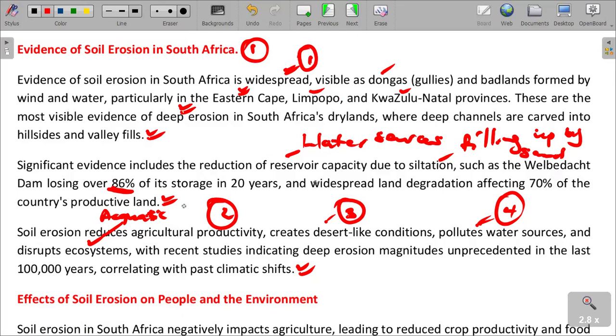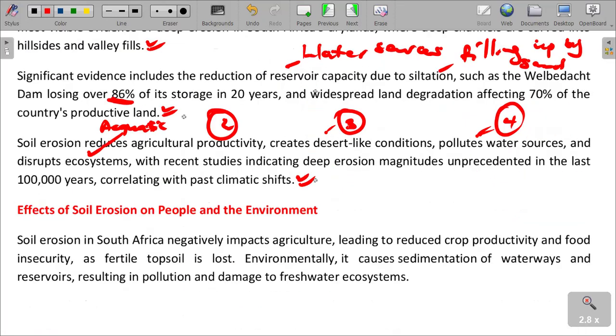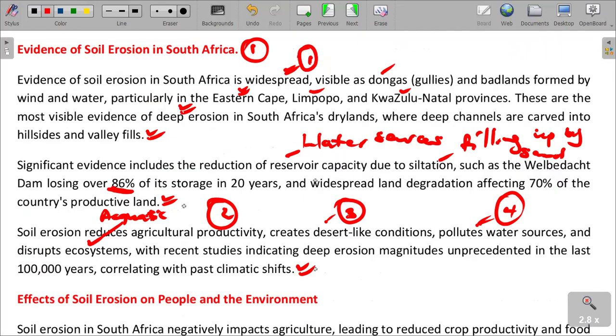These are typical examples of evidence of soil erosion in South Africa, in provinces such as Eastern Cape, Limpopo, KZN.